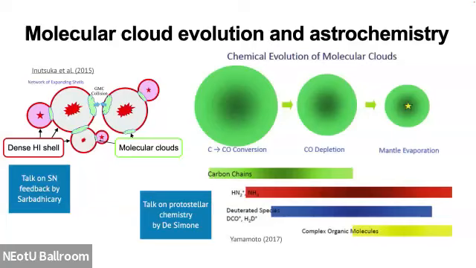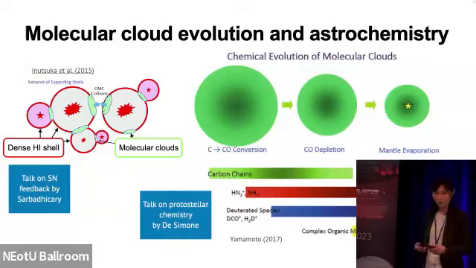After the medium gets fully molecular, carbon may take different forms, such as ionized, atomic, or carbon monoxide. When atomic carbon is still abundant, we have abundant carbon chains. Later on, we start to see nitrogen-bearing molecules and deuterated species. And when protostars are born, the ice mantle can evaporate, and you start to see complex organic molecules. There was a chemistry talk on individual protostars this morning.